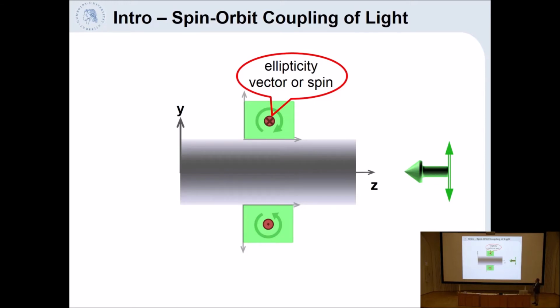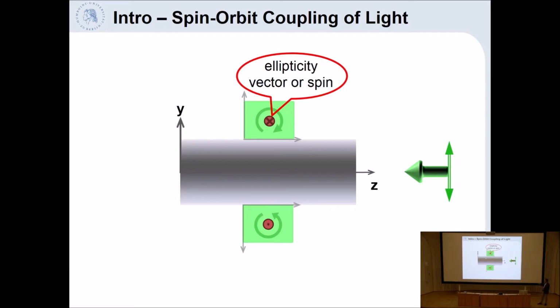And it turns out that this ellipticity vector is the same quantity as the spin of the light field, where here spin is a classical quantity, it refers to the intrinsic angular momentum carried by the light field. So if you put an absorbing particle here, it will start spinning about an axis that points out of the board. Okay, it's normal, so we're talking about transverse spin of light in this context.